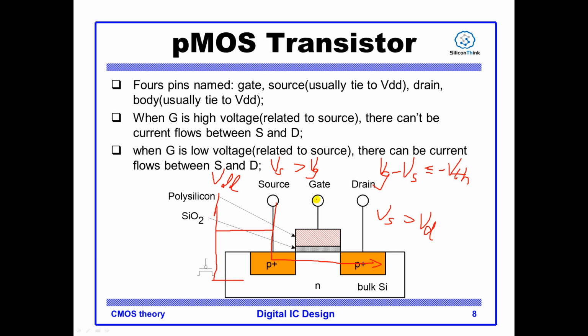If the voltage on the gate is nearly equal or greater than the voltage on source, the MOS is cut off. Even if you have voltage on source greater than drain, there is no current flow. Okay, this is the behavior of pMOS.